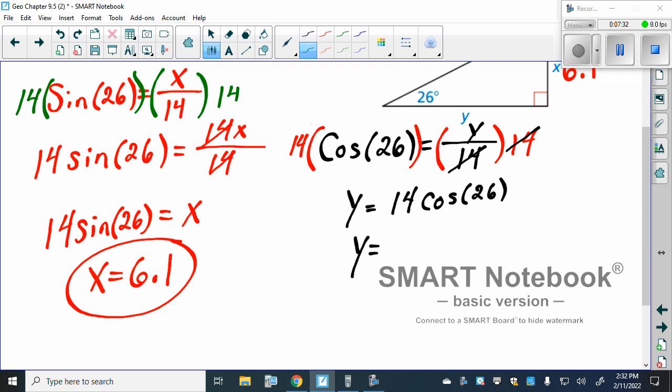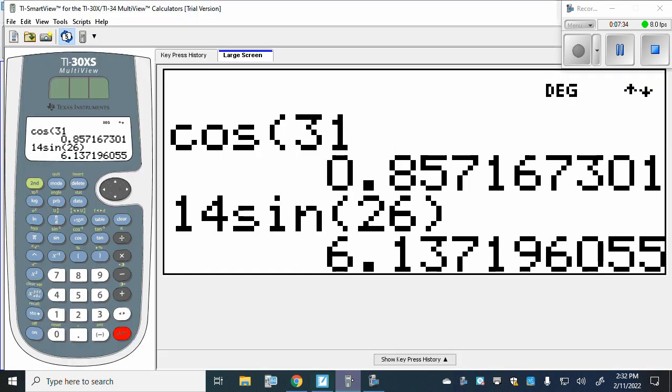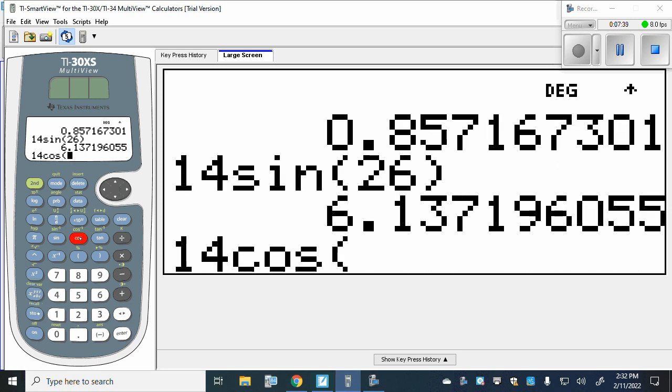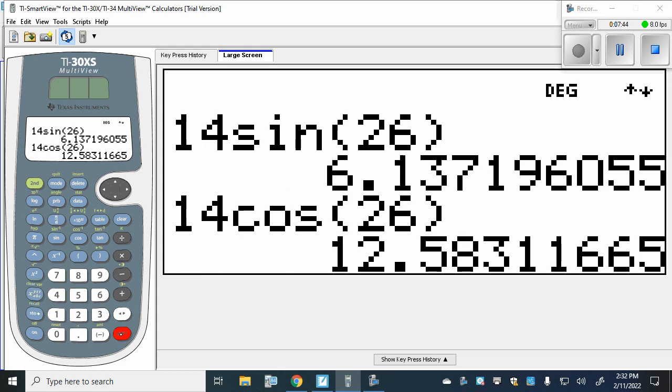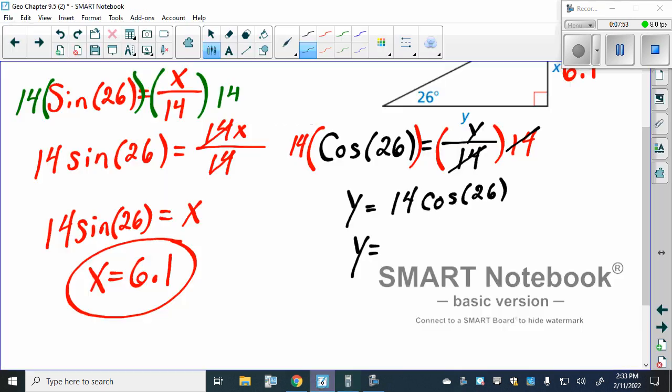Again, at this point we can pull the calculator out and say 14 cosine of 26, which gives 12.58, and if we're going to the nearest tenth, we would round up to 12.6. So y is 12.6. And that's all we need to do to find the values of x and y.